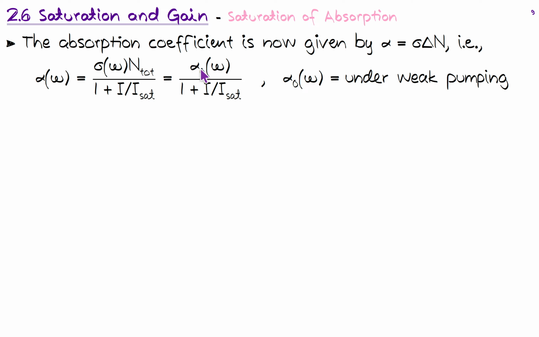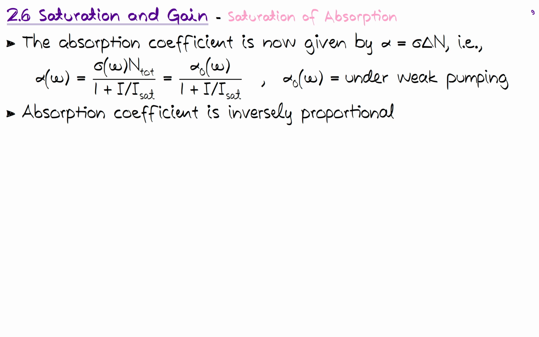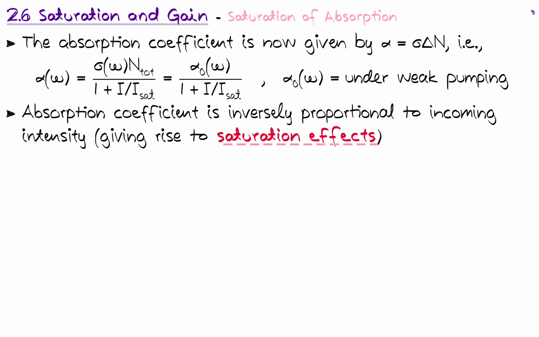So we see that when we have a weak pump, the absorption coefficient is whatever, and when we increase the intensity, we start to see a saturation effect. So it's not as easy to absorb light into the substance anymore. We see that the absorption coefficient is really inversely proportional to the incoming intensity, and like I already said, this gives rise to saturation effects.